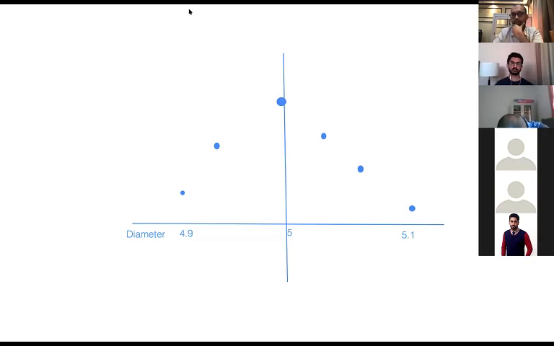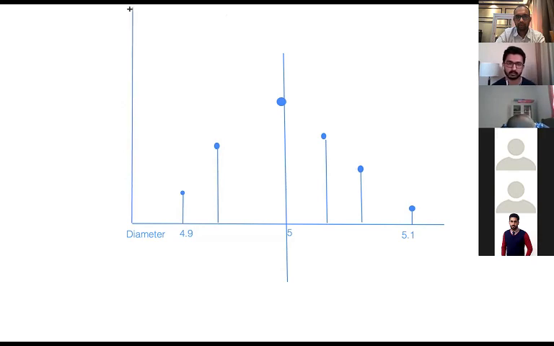This is called a frequency graph now. Frequency at 4.9, frequency at 4.95, frequency at 5, frequency at 5.05, frequency at 5.09, then frequency at 5.1. Just to make it easy, I will plot the line here.